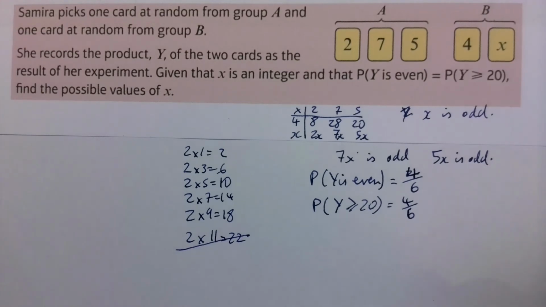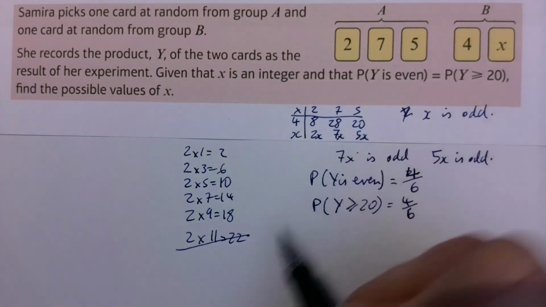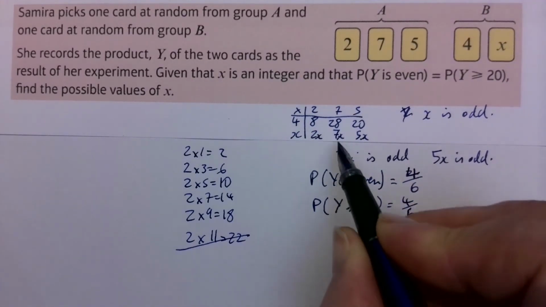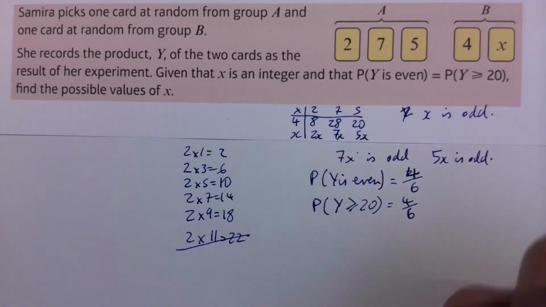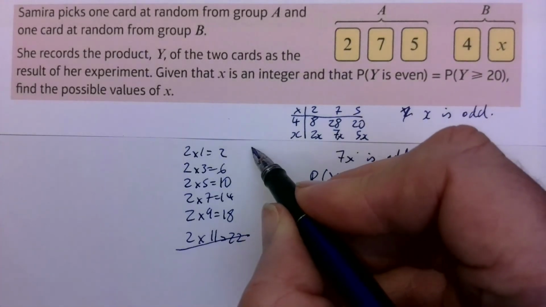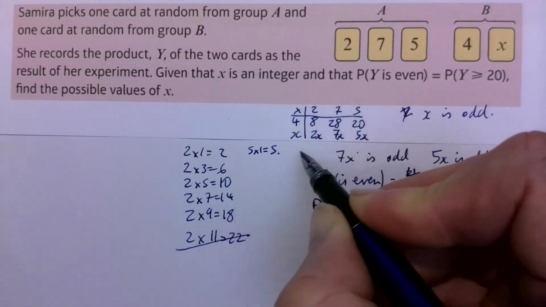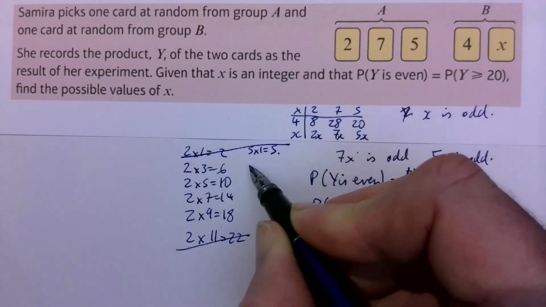Now that's true, but the other thing that we need to be aware of, that 7x and 5x, if we're only going to have 2 of them being less than 20, 7x and 5x need to be at least 20, don't they? And 5 times 1 is only 5, so that's not enough, so the 1s can go.